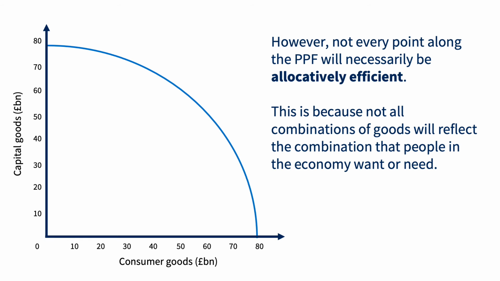However, not every point along the PPF will necessarily be allocatively efficient. This is because not all combinations of goods will reflect the combination that people in the economy want or need.